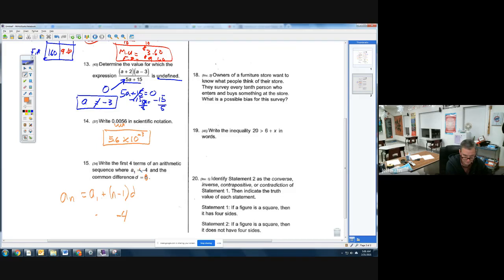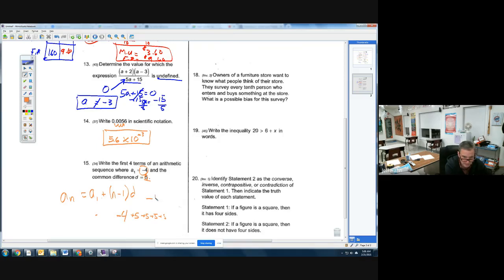This is the first term, and the common difference is 5, which means you are simply going to add 5, 4 times to this. They're just asking you to take the starting point, which is -4, and have a common difference of 5. So what would be the first 4 terms?